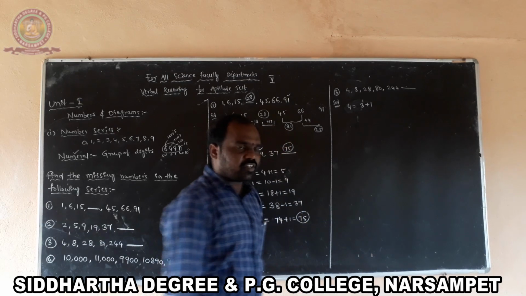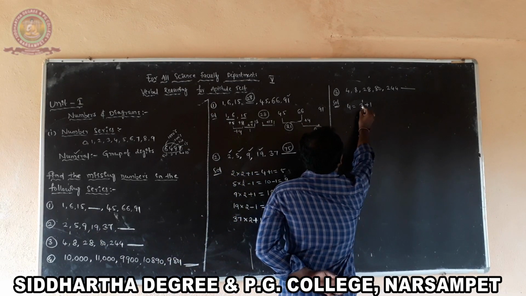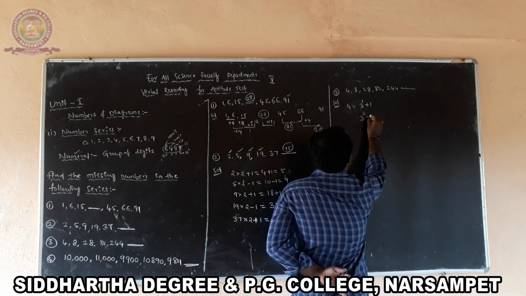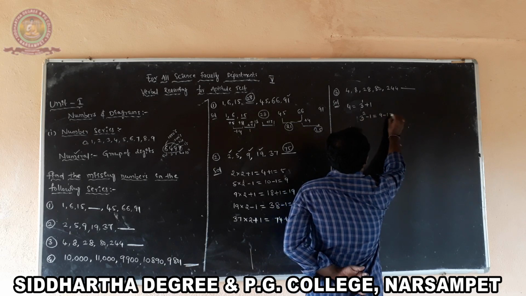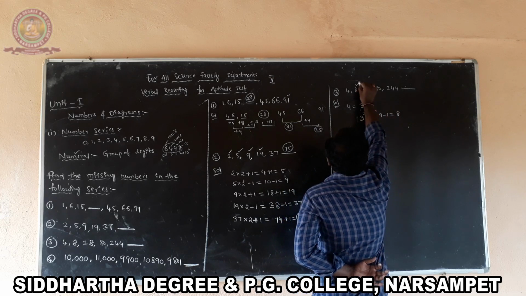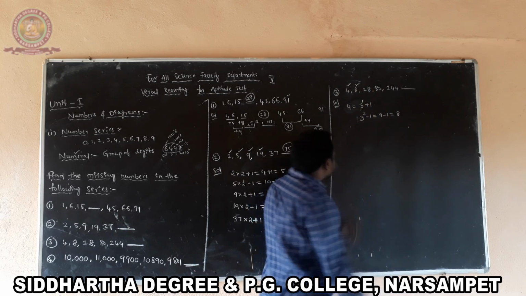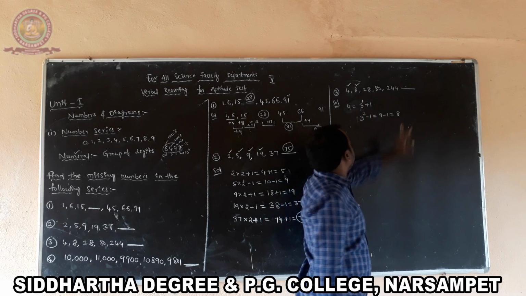Simply 3 power 1 plus 1, that is 4. The next, 8, means the next term is 3 square minus 1. So 3 square means 9 minus 1, that is 8. So first one is 3 power 1 plus 1, that is 4. The next term is 3 square minus 1, that is 9 minus 1, that is 8.